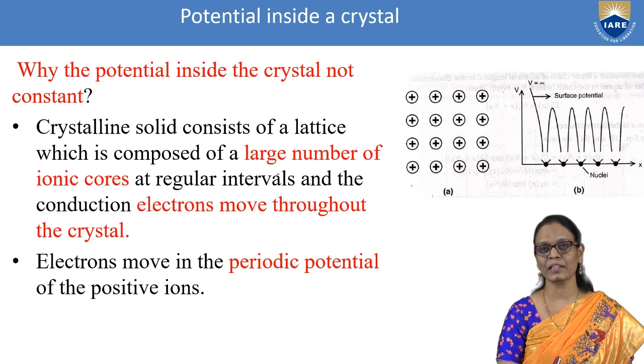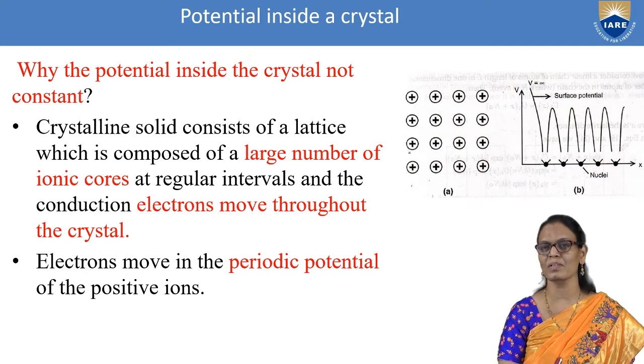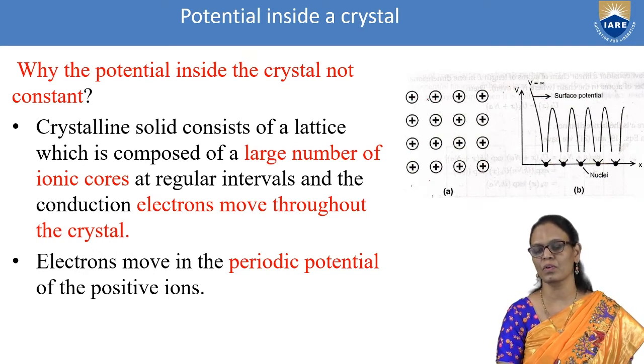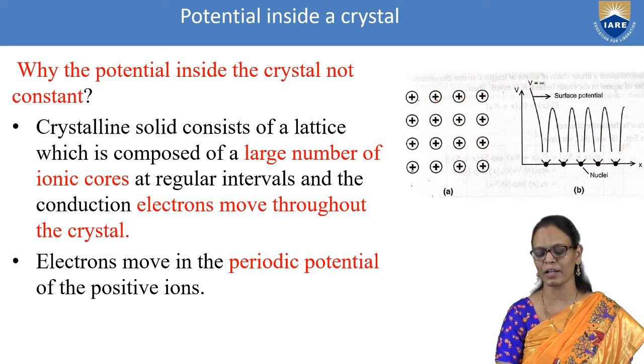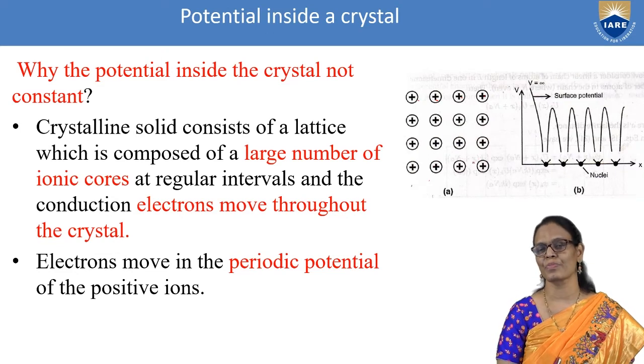To explain that, they considered a crystalline solid which consists of a large number of ionic cores. These are the positive ion cores, and they are placed at regular intervals. Regular intervals means at equal distances from one another. If you see, they are equally, regularly spaced positive ion cores.